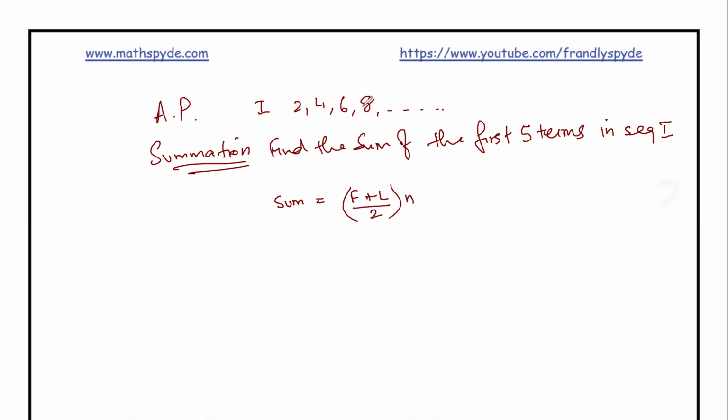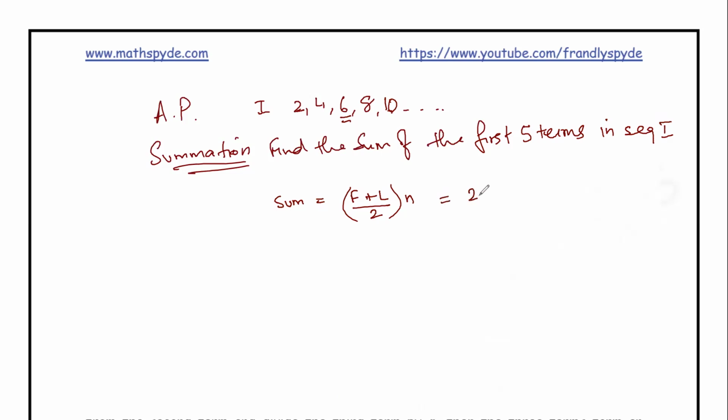For example, let's say the first five terms here are 2, 4, 6, 8, and 10. If you take the first term and the last term and divide by 2, that is first plus last, 12 divided by 2 is 6. Whenever the sequence is in AP, the first and last, or the second and second last, divided by 2 always give you the mean.